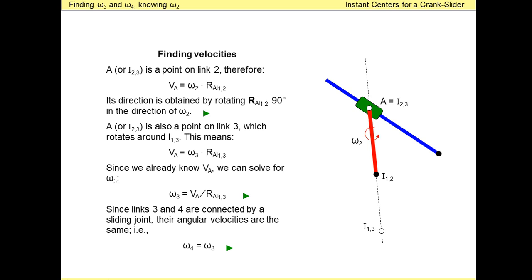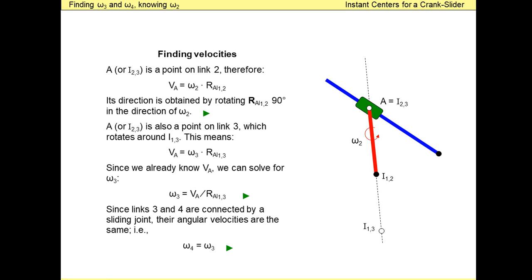To find the direction of velocity A, you have to rotate this link by 90 degrees in the direction of omega 2, so that you get the direction of velocity of A. Now the same point A is also rotating with respect to I13, because point A lies on body 3, which rotates about the instantaneous center I13.